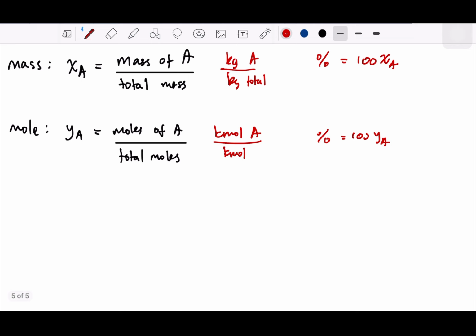Okay, and I think I can give you this example. I hope we can finish up to the average molecular weight, but I don't think we can. But let me just give you this example.